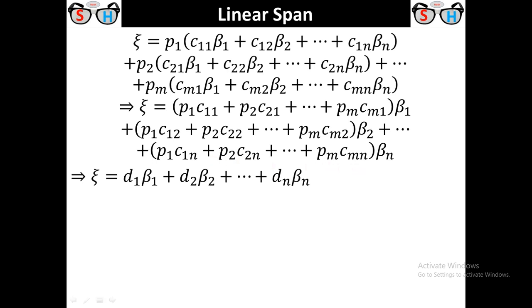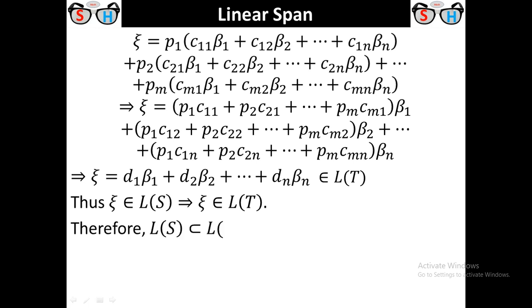Therefore xi can be expressed as a linear combination of the elements of T. Okay, thus xi belongs to L of S implies that xi belongs to L of T. Thus all the elements of L of S are elements of L of T. So we can conclude that L of S is a subset of L of T.